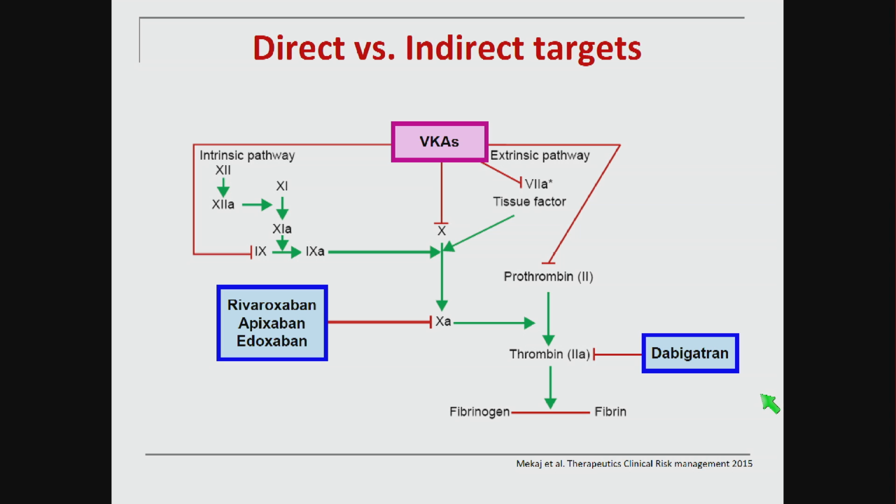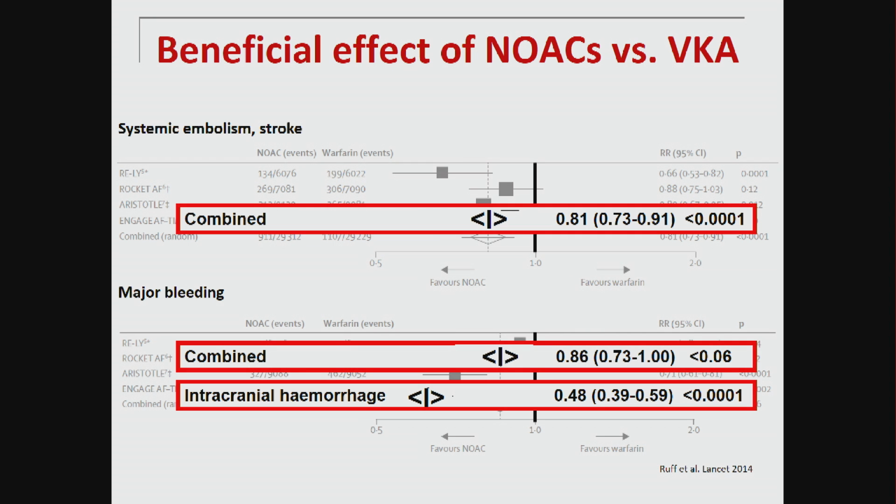Just as an introduction to NOACs, NOACs differ a lot from vitamin K antagonists in terms of their targeting points in the coagulation cascade, but also in their pharmacokinetic properties. So in the general population with atrial fibrillation, the NOACs have shown a lot of beneficial effect compared with vitamin K antagonists.